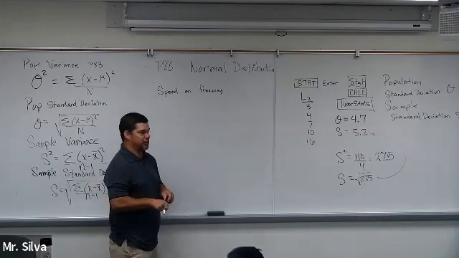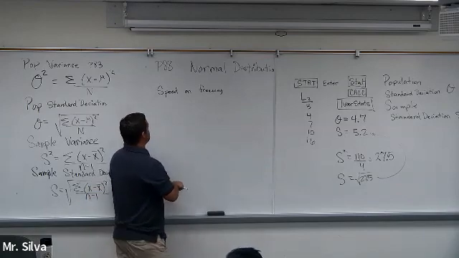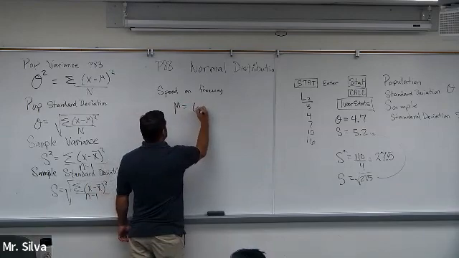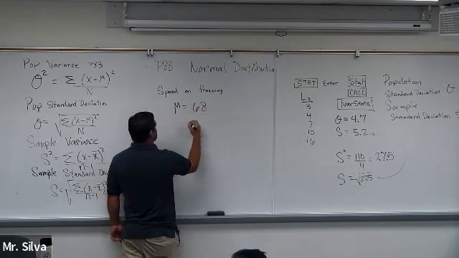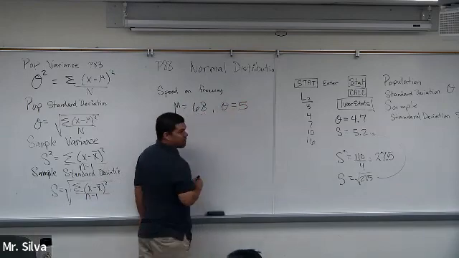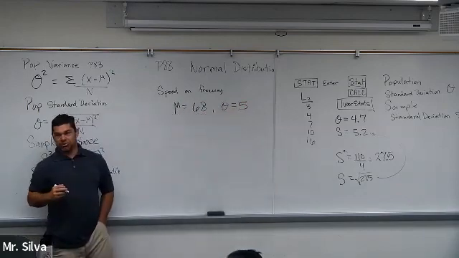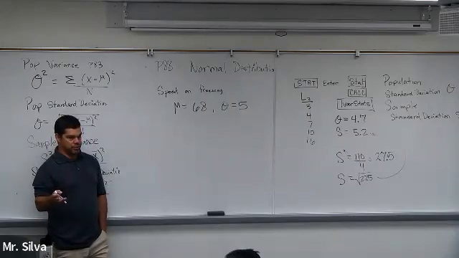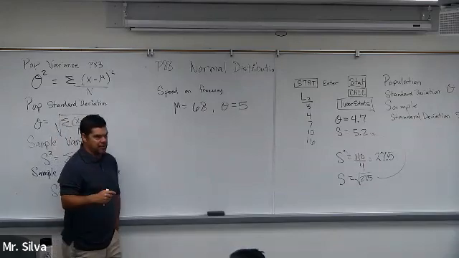A range of values. So if the average speed on the freeway is 68 miles per hour with a standard deviation of 5 miles per hour, I'm going to apply standard deviation using the empirical rule. And I'm going to draw a curve.